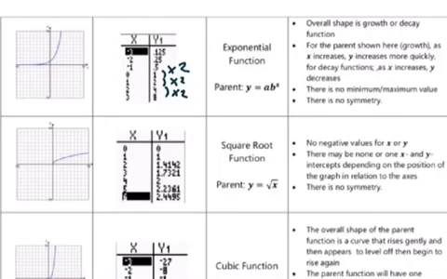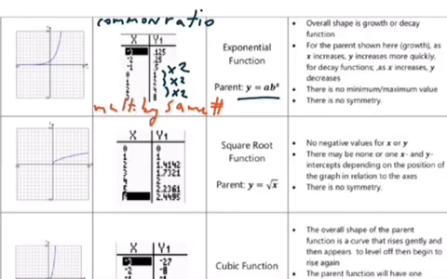The parent function of an exponential would be y equals a b to the x, or sometimes you may see it written as y equals b to the x. So again, if you're multiplying by the same number, and in this case you were multiplying everything by 2 in the y's, that implies that it is a common ratio, therefore it's going to be an exponential.